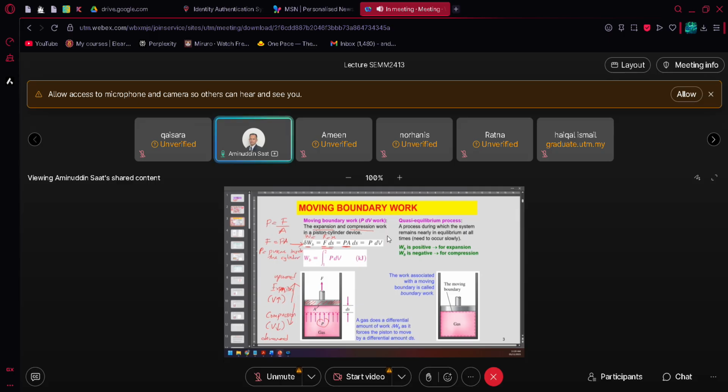A is the cross section and ds is how far the piston moves. So we can relate A ds to the volume. So P dV.